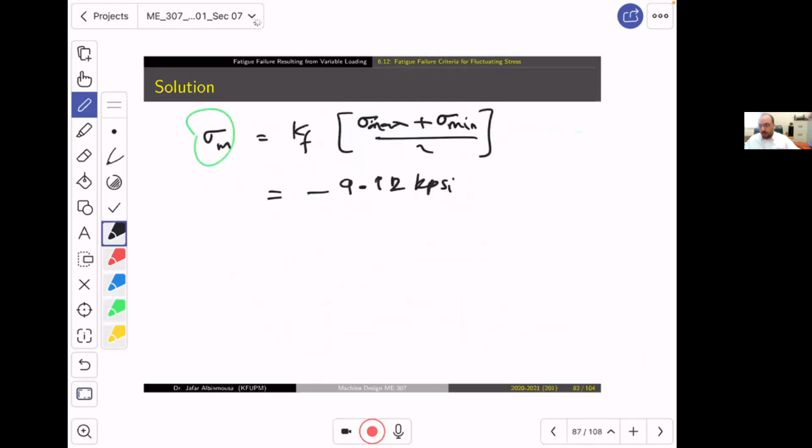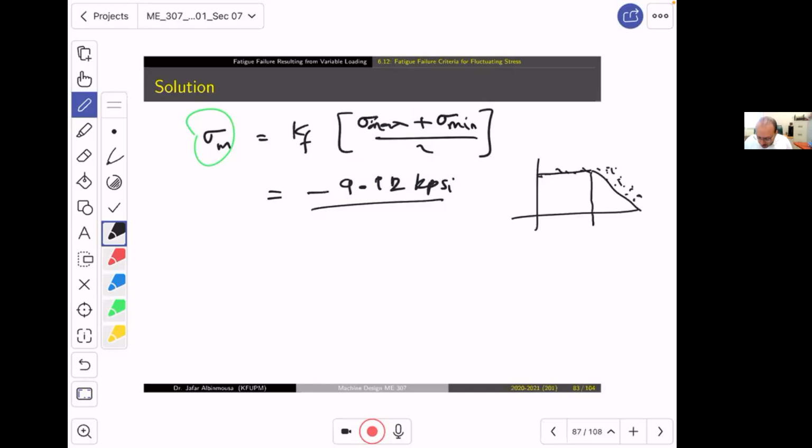Now, when we found the amplitude and the mean, we see that the mean is negative. If the mean is negative, I have a mean stress. So if I have a mean stress, I am now thinking Gerber, Goodman, but because it is negative, remember the curve which was like this, and the data was scattered over here and right there.